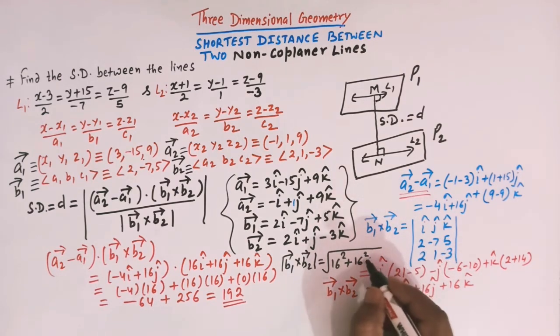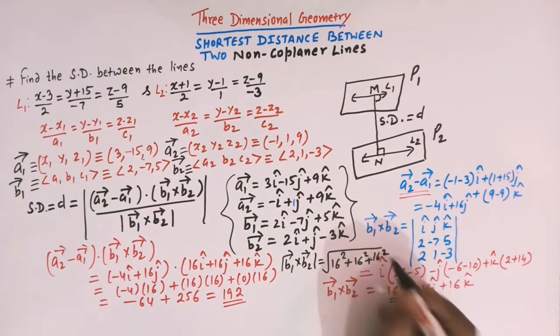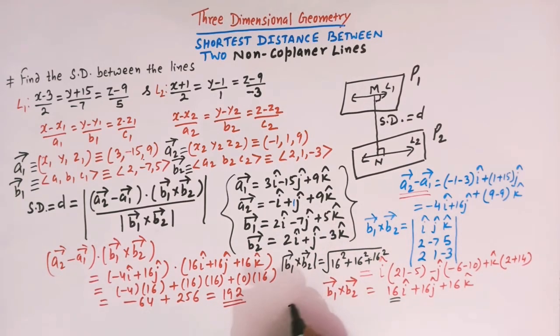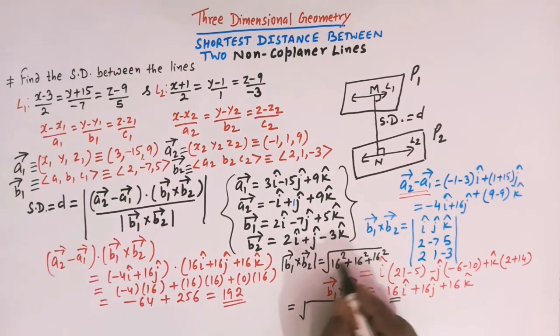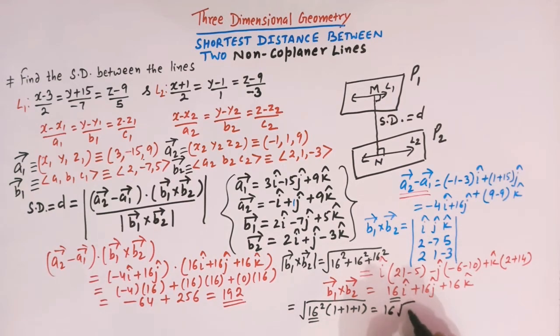We can take 16 square as common, so we have 1 plus 1 plus 1, and we take 16 outside the square root sign, so we have 16 root 3. So the magnitude of vector b1 cross vector b2 is 16 root 3.